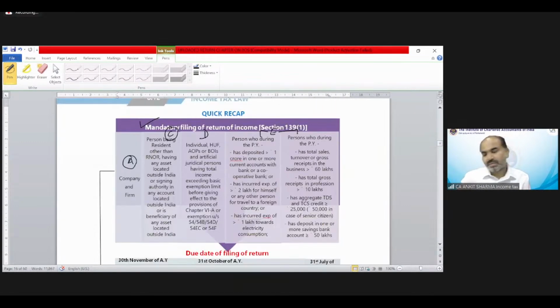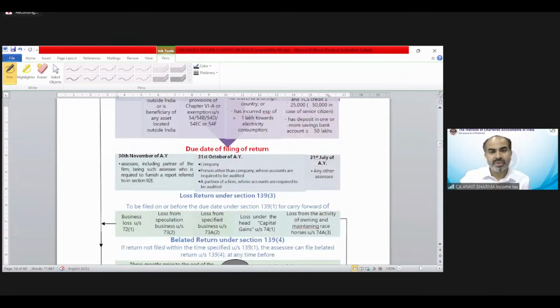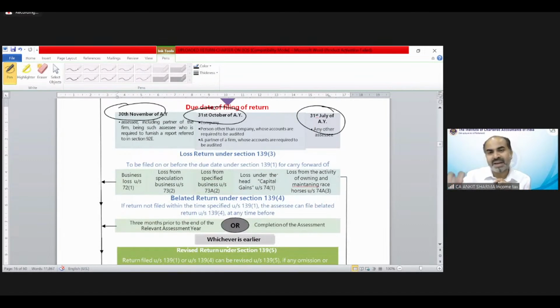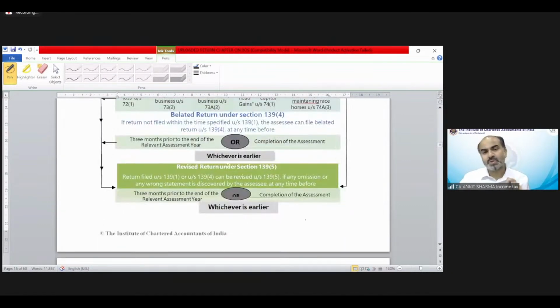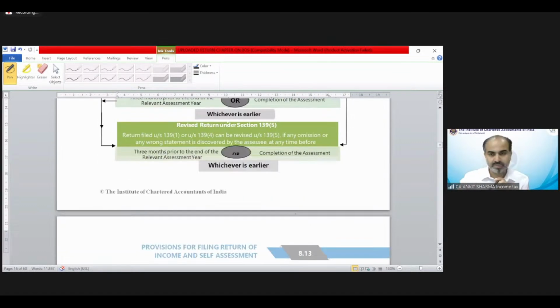The B point was regarding if you are other than individual or HUF and having income more than the basic exemption limit, then you also need to file your return of income. That was given separately, not in this table. Due dates, we have already discussed: 30th November, 31st of October or 31st of July. Return of loss provision has already been summarized in tabular form, and the belated return and revised return provisions have also been mentioned. So this is a very interesting diagram to revise all the provisions till now.